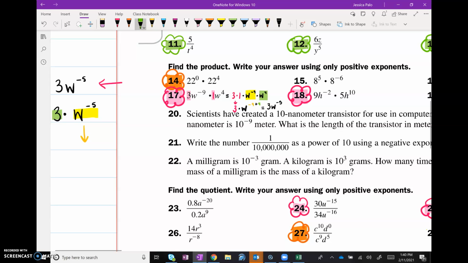So our final answer is 3 over w to the 5th power. If you don't have this written down in your notes, please write it down in your notes.